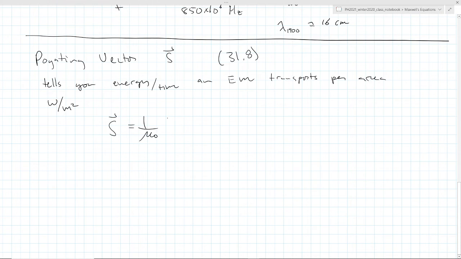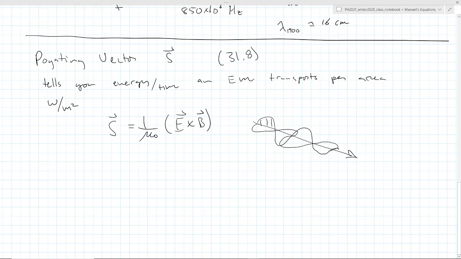It's proportional to the cross product of E and B. And so if we think about our vector math, what this is telling us is that this is going to be in a direction that's perpendicular to both E and B. So we know that E and B are perpendicular to each other, so far as I can draw that, which is not super good.